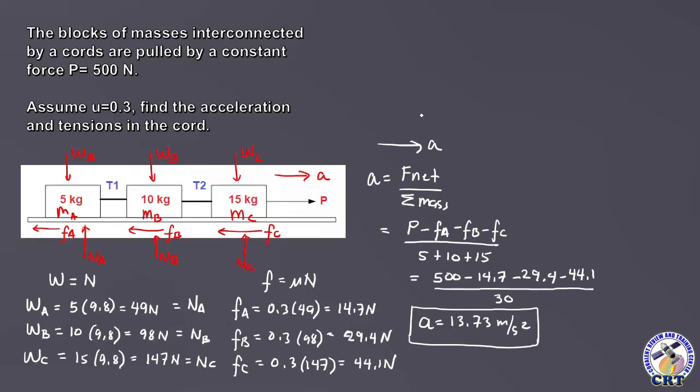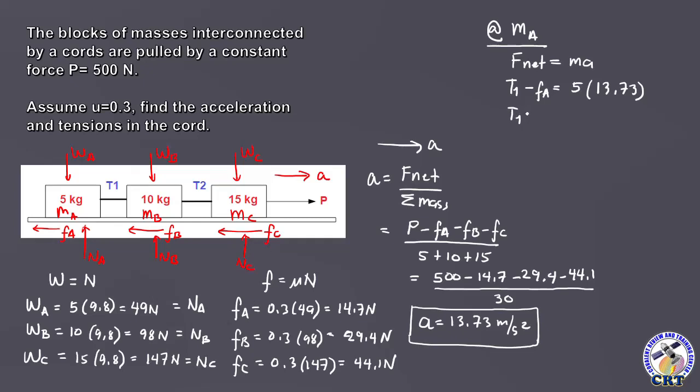Next is to calculate tension 1. So at mass A, let us just present the solution in a simple way. Let us just refer to the drawing. In tension 1, using the formula F net equals MA, F net is T1 minus FA. The involved mass is 5 kilograms and the acceleration is 13.73.